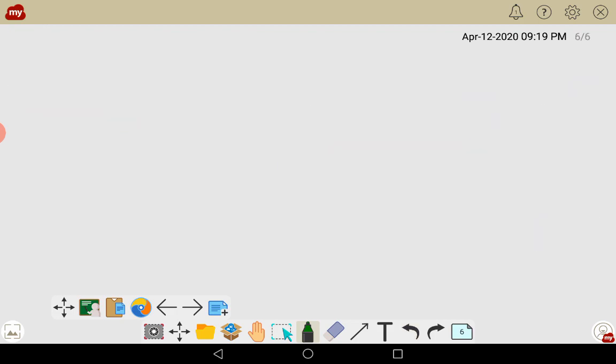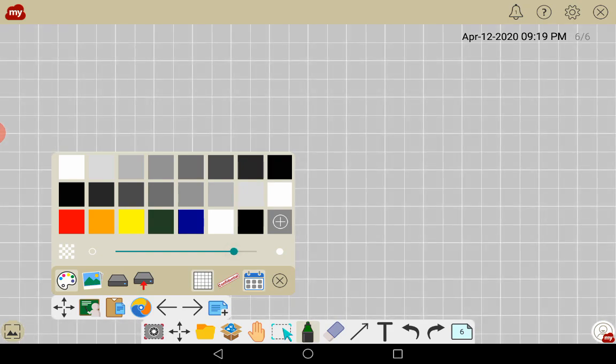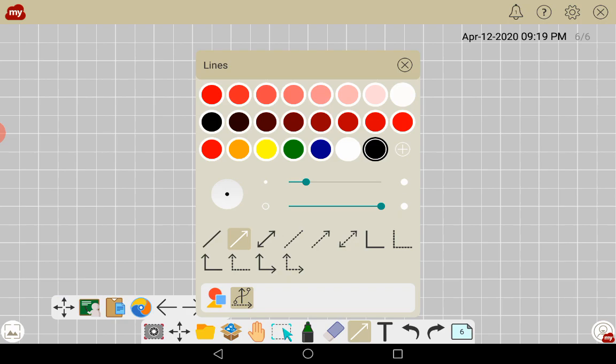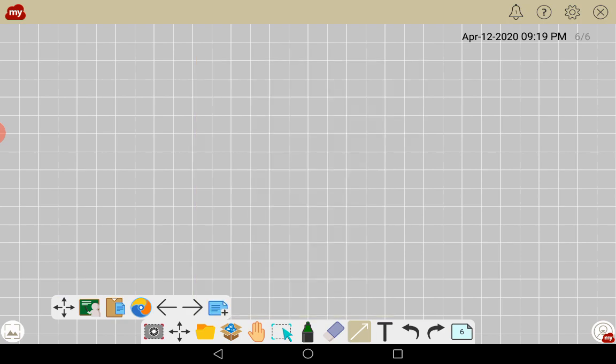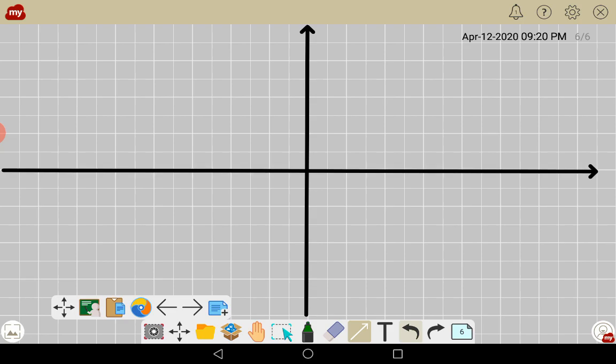And I would like to draw the graph here. Roughly you will get it. Let this be y-axis. This being x-axis.